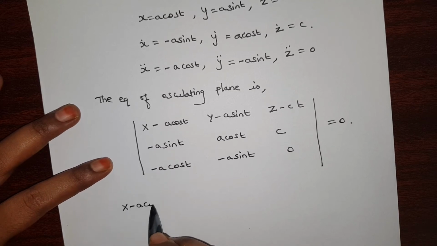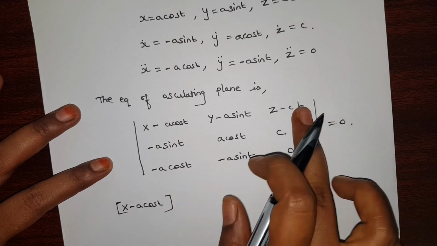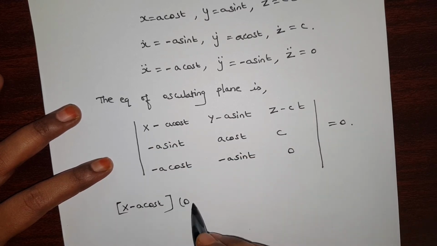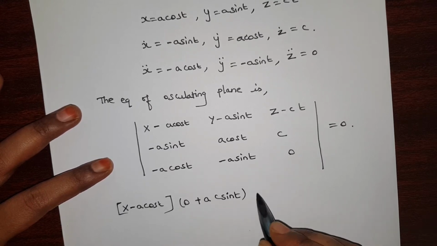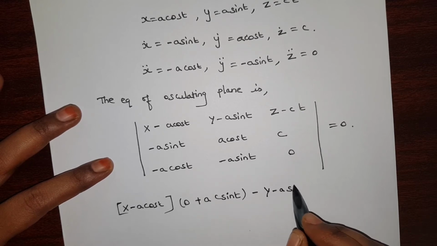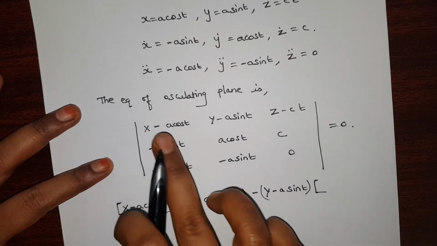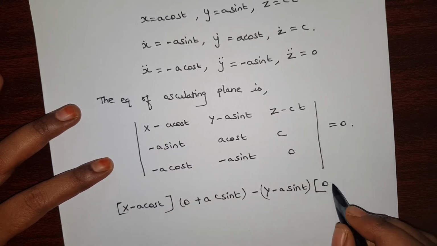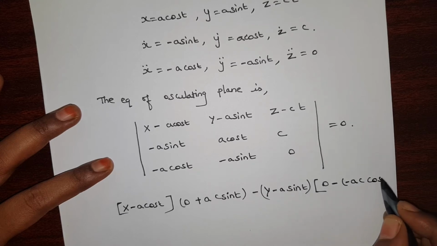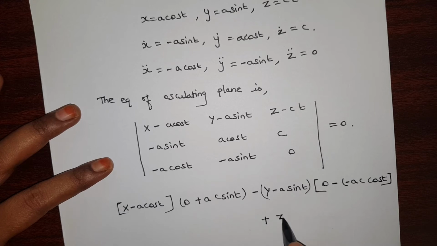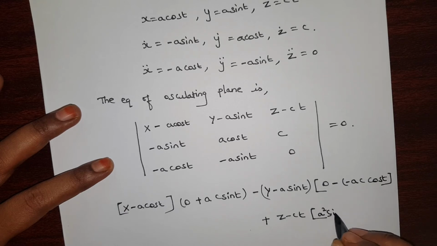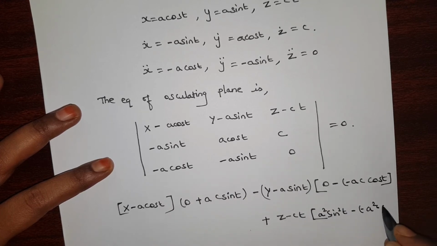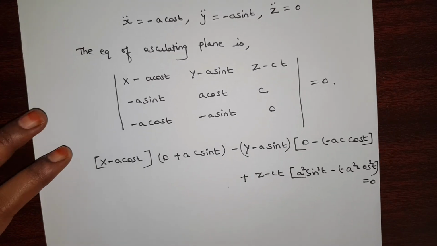Expanding, we get x minus a cos t times (a c sin t), minus y minus a sin t times (minus a c cos t), plus z minus ct times (a square sin square t plus a square cos square t) equal to 0.